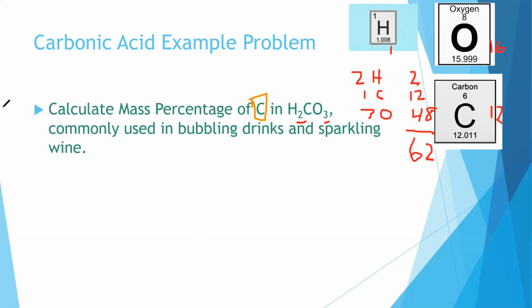Okay. Since this is the same, I'll start going over it. So I hope that was sufficient time. So the mass percent of carbon, we look at this category, it's just 12 over 62 times 100.